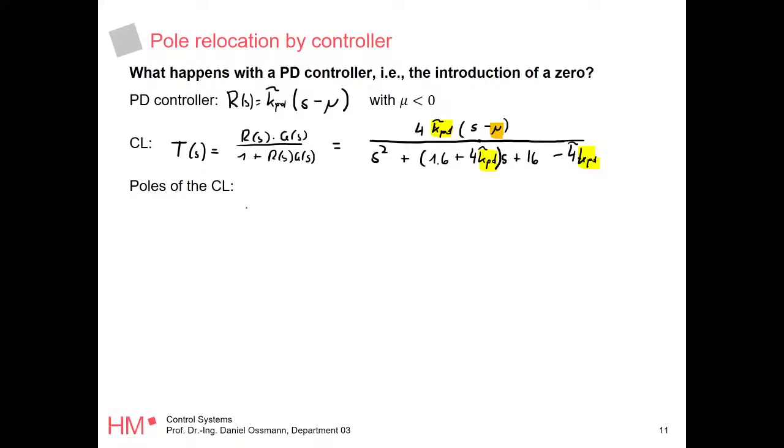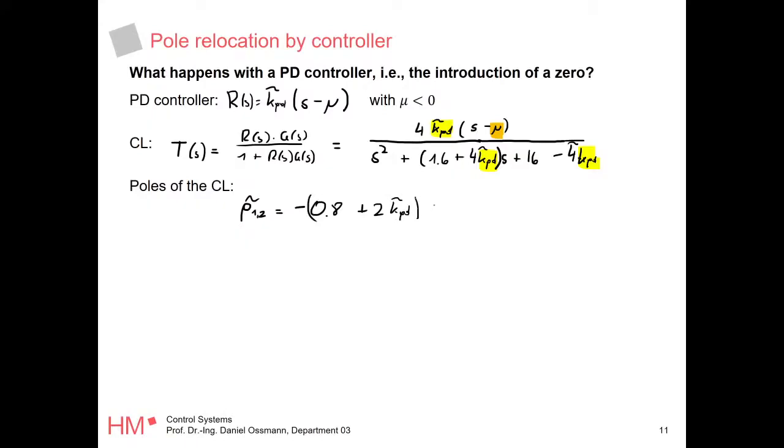So if you calculate the poles of this guy, it's again going to be a little bit tedious, but not too much. You end up with 0.8 kpd. And actually I figured I need to correct this as well. Oh no, sorry for that. Plus 2 kpd tilde.